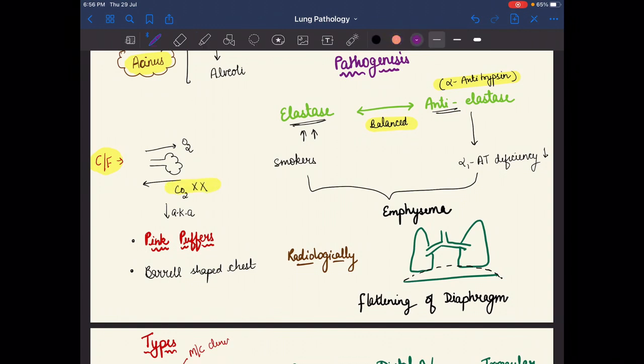So these patients are known as pink puffers. Please remember that emphysema patients are known as pink puffers, because chronic bronchitis patients are known as blue bloaters. Emphysema patients are pink puffers and have a barrel-shaped chest, so their chest size is increased. These are the clinical features.